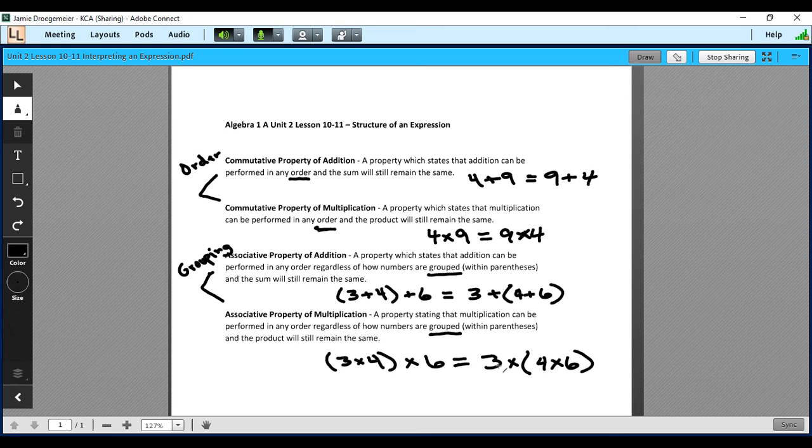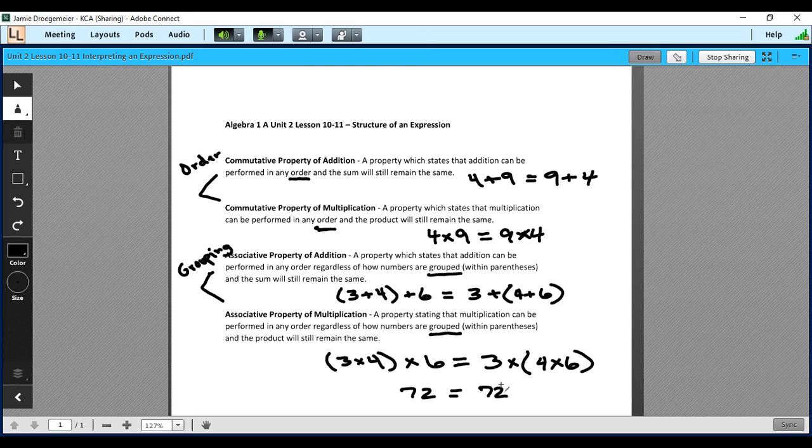If I take 24 times 3, I'm also going to get 72. So the product remains the same, even though the grouping is different. As long as it's all multiplication or all addition, the associative property says that however I group them, it's not going to change that sum or product.